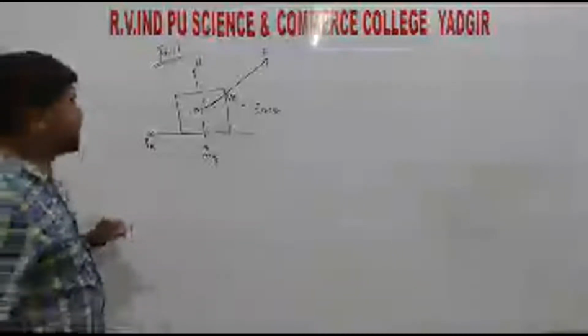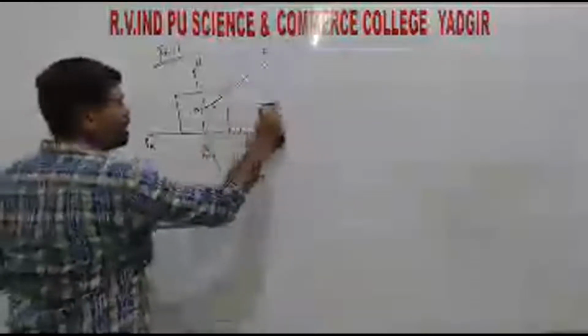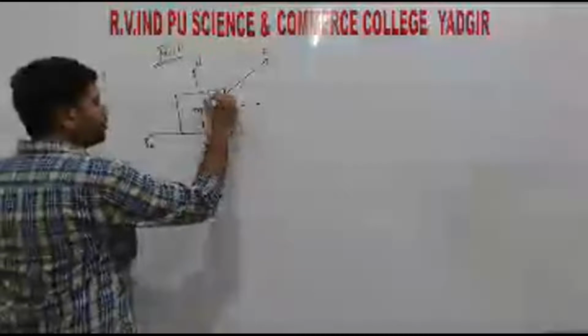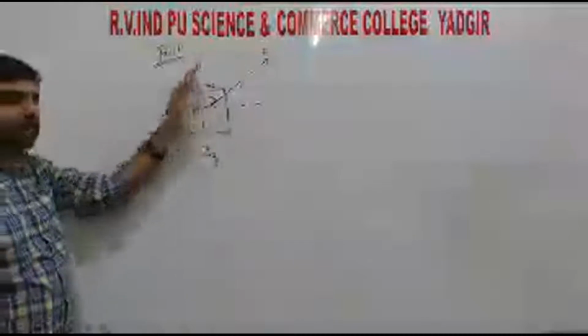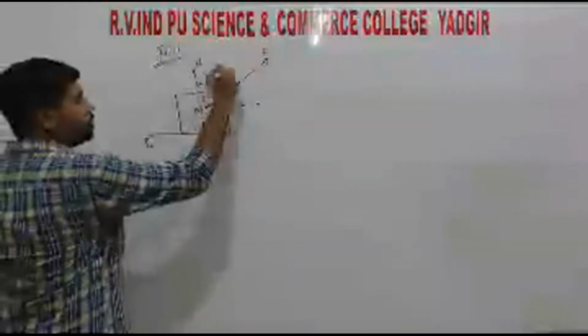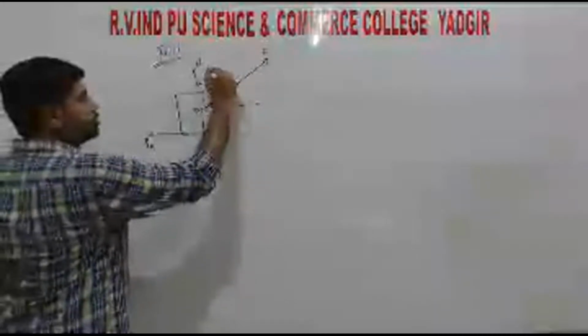No, take theta with the vertical, that is the angle of friction. We will discuss the angle of friction, right? So here we take angle theta. The force which makes angle theta with the vertical, then the component force we get is F cos theta, right?